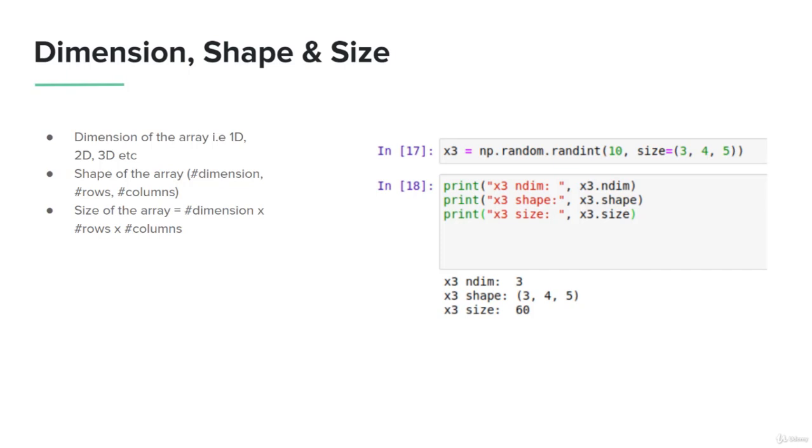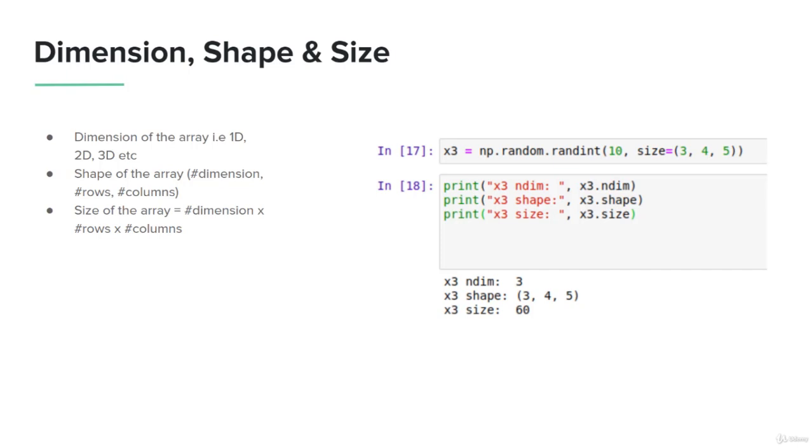The shape of an array is a rather simple concept compared to dimensions, because we're talking about dimension, rows, and columns. These three things ultimately define the shape of the array. I have used round brackets for this, which is actually the syntax.